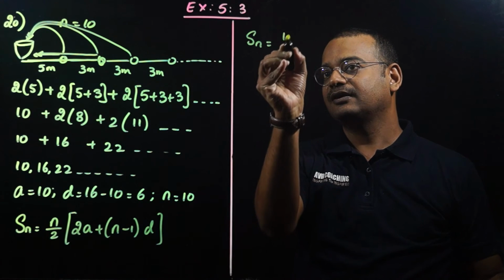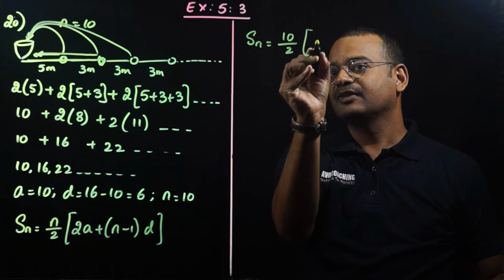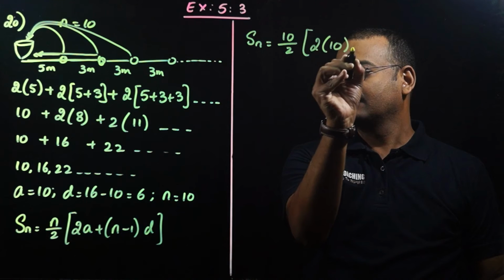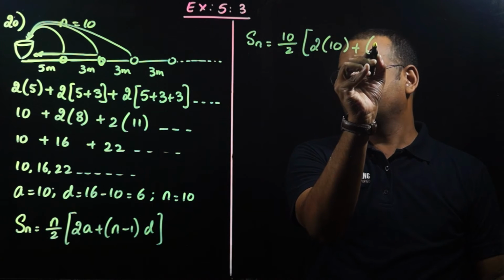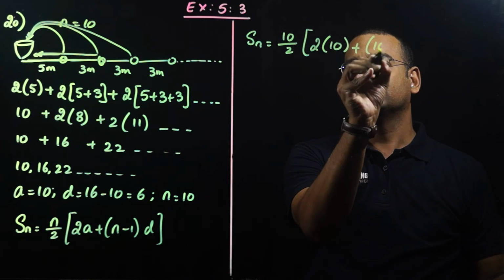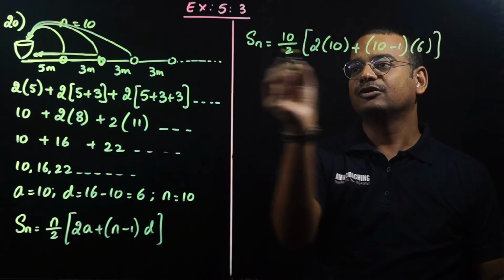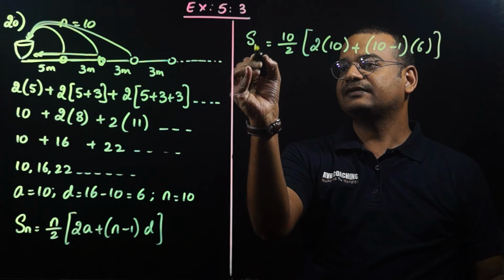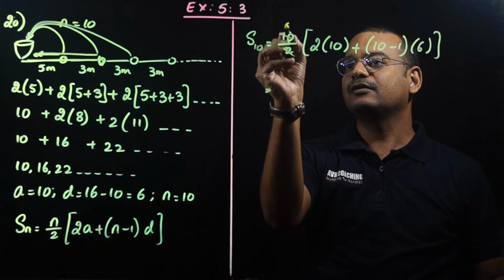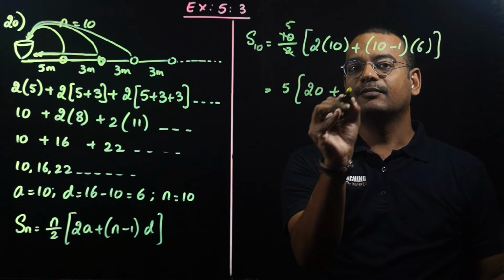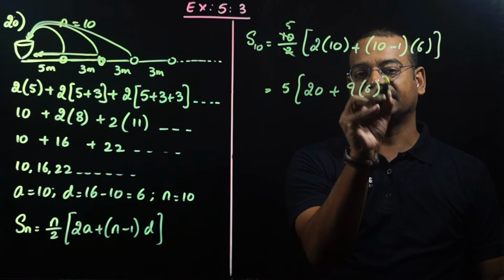So Sn is equal to n. n value is 10, 10 by 2 into 2a, a value is 10, plus n minus 1, 10 minus 1 into d. So this will be S10. So this is 2 ones are 2, 5 2s are 10, so 5 into 20 plus 9 into 6.